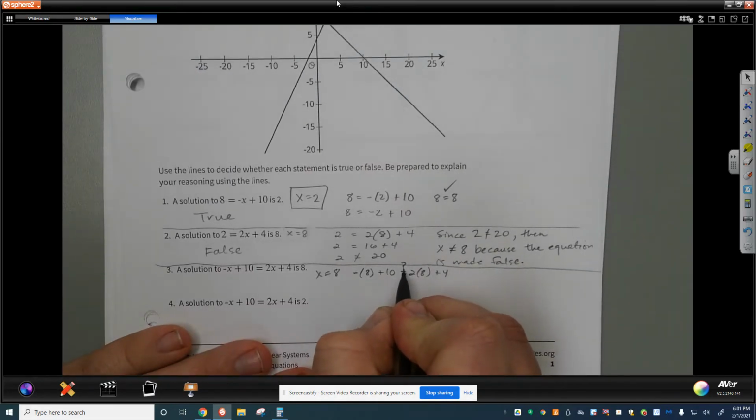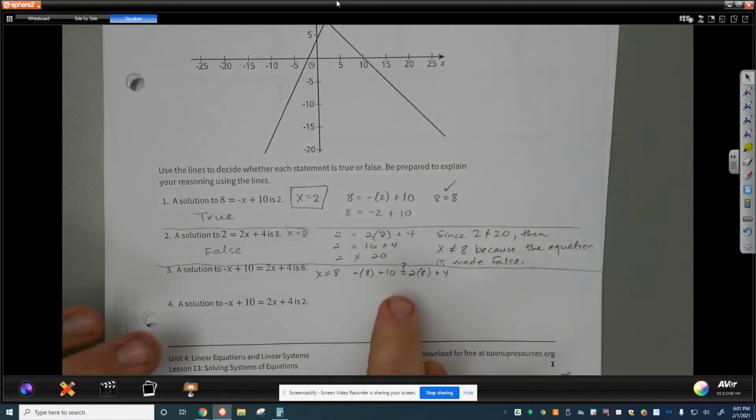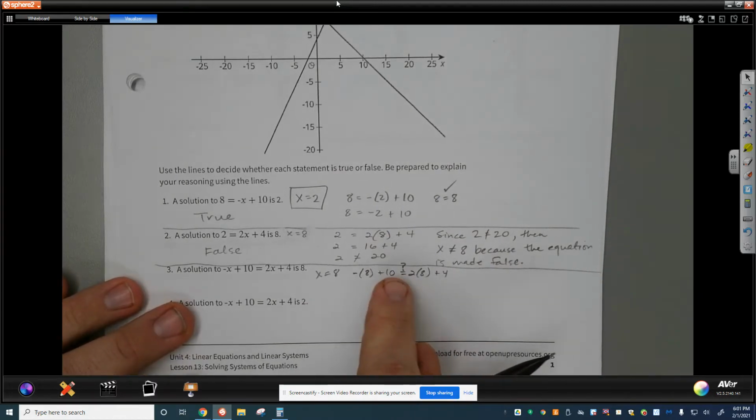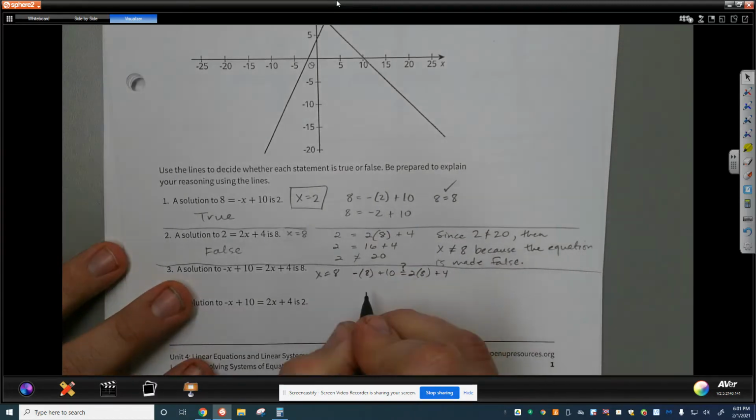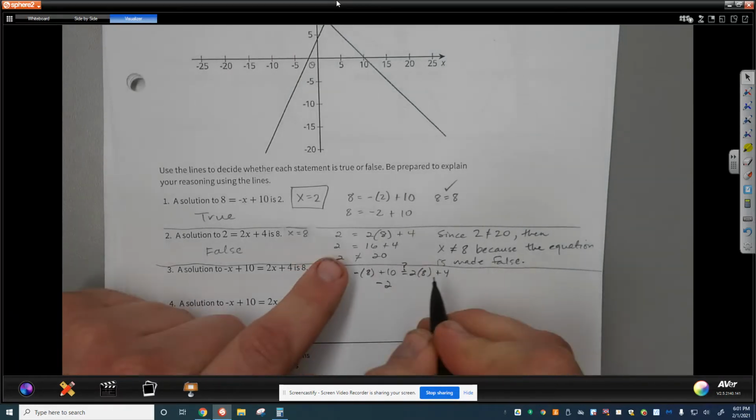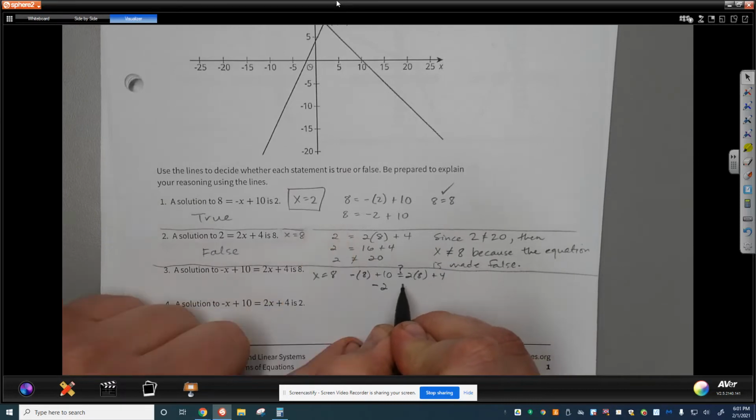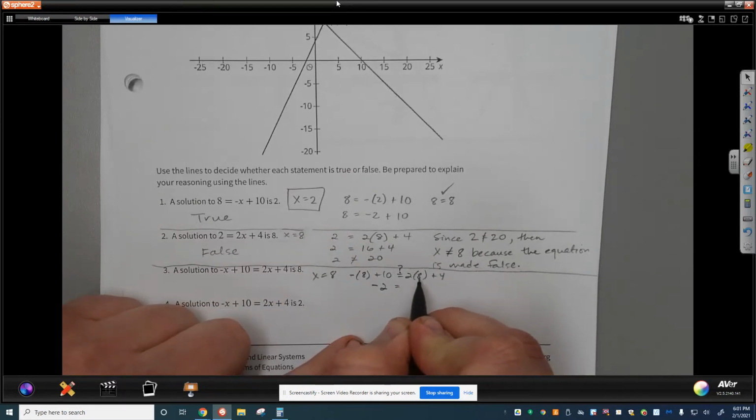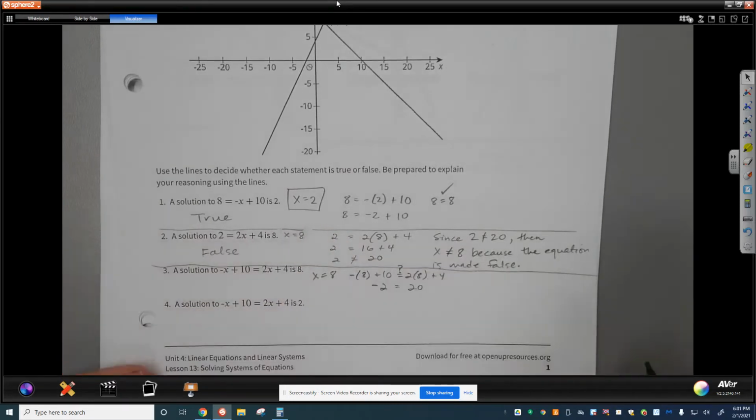Sometimes you'll see me put a question mark there because I'm questioning, is this really an equal statement, with this expression equaling this expression? Negative 8 plus 10 is equal to negative 2. And 2 times 8 is equal to 16. And 16 plus 4 is equal to 20. This, again, is a false statement.